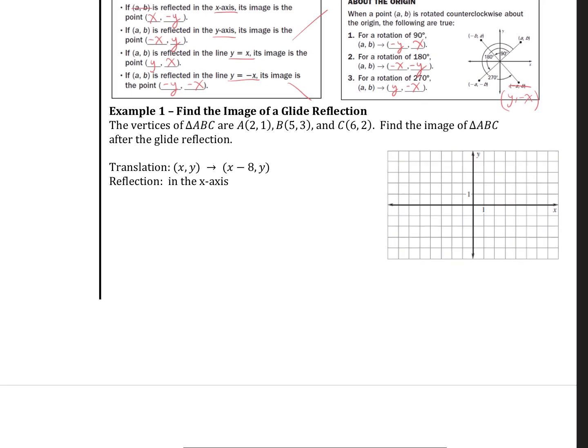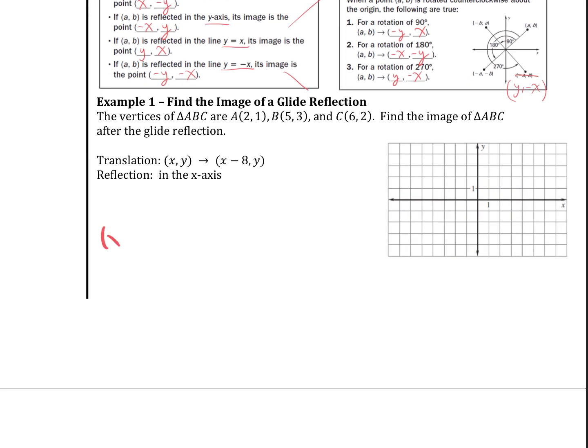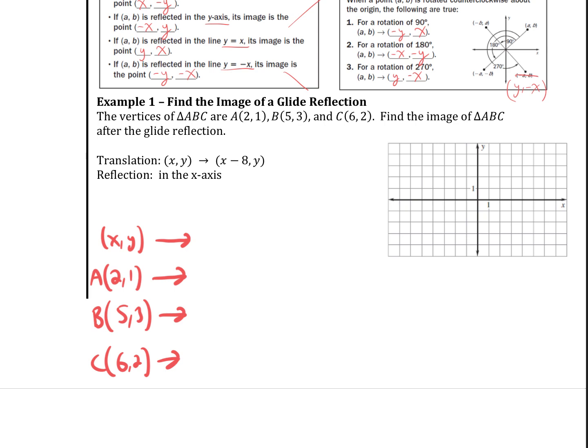We're going to start with our points. x, y goes to... we have a point A at 2, 1, B at 5, 3, and C at 6, 2. All right, so we're going to start there.